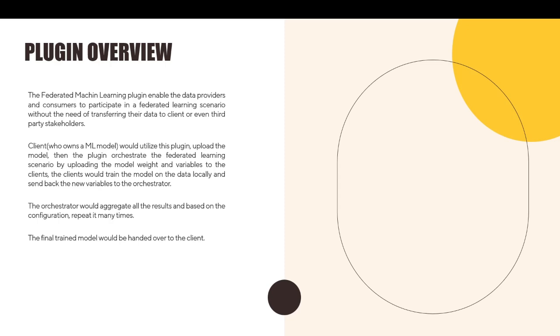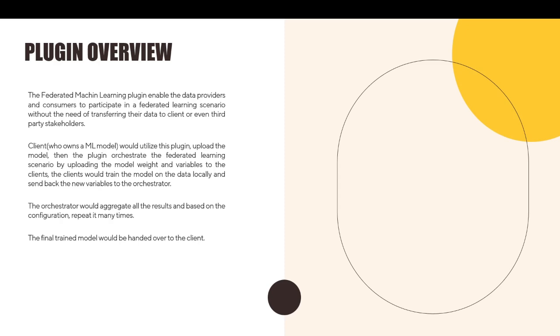Then the plugin orchestrates the federated learning scenario by sending the model weights and variables, certain requirements, whatever is needed for the model to be trained locally, to the clients who own the data. The client who owns the data trains the model on the data locally and sends back the new variables to the orchestrator. Then the orchestrator, depending on the configuration set by the initial client, aggregates all the results.